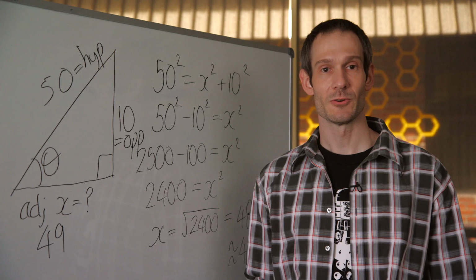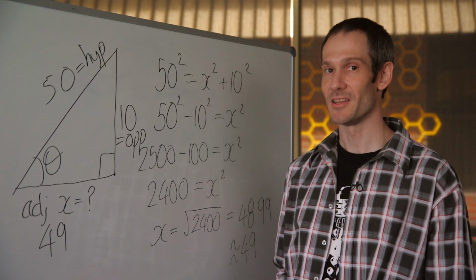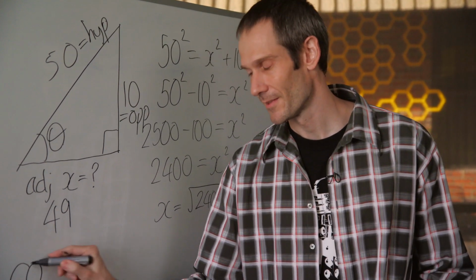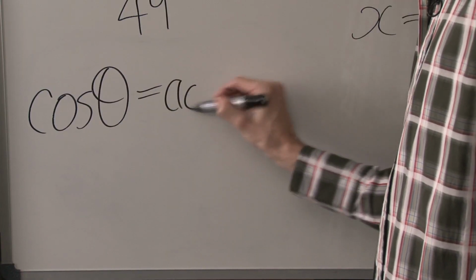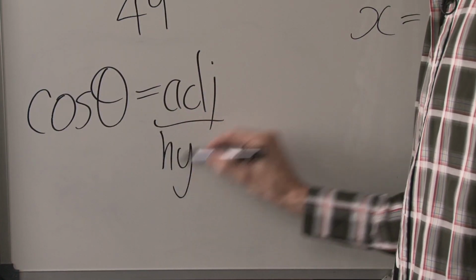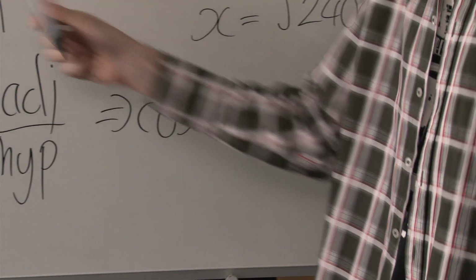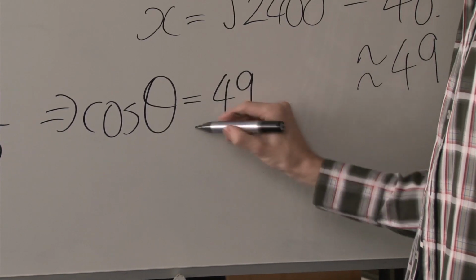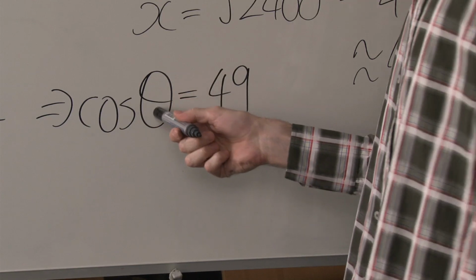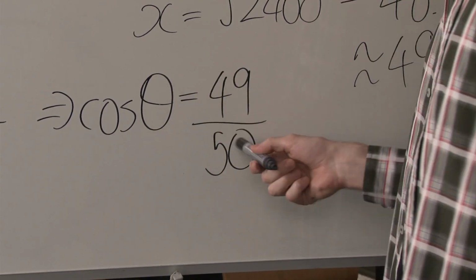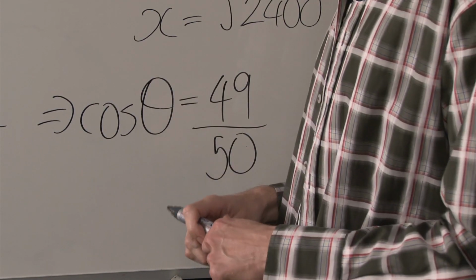Here I basically have the choice of three trigonometric ratios to use. Let's say for argument's sake, I decide to use cosine. We know the cosine of the angle theta must equal our adjacent length divided by our hypotenuse. So the cosine of theta equals the adjacent length, 49, divided by our hypotenuse, 50. Here we need to determine this angle theta from our given side lengths, so we need to use an inverse trig function.